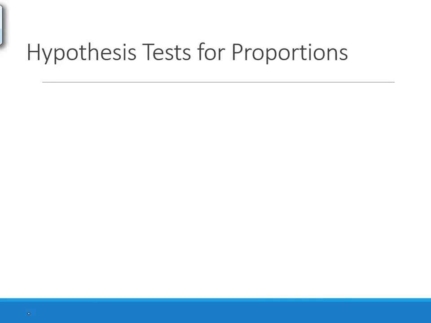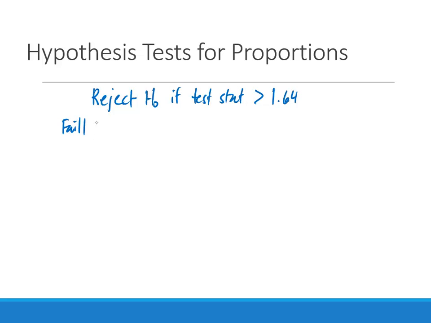So what that means here is that we will reject the null hypothesis if our test statistic is bigger than 1.64, and we will fail to reject if our test statistic, which is a z here, is less than or equal to 1.64.